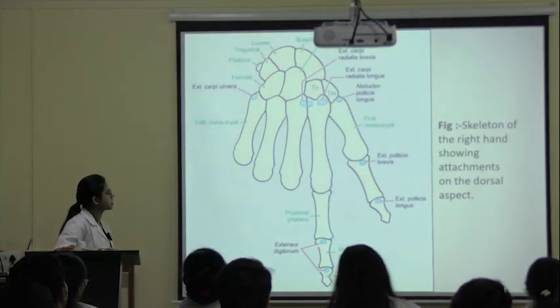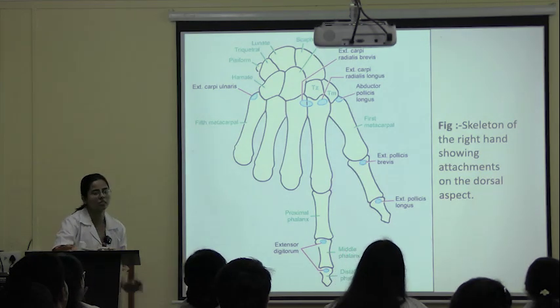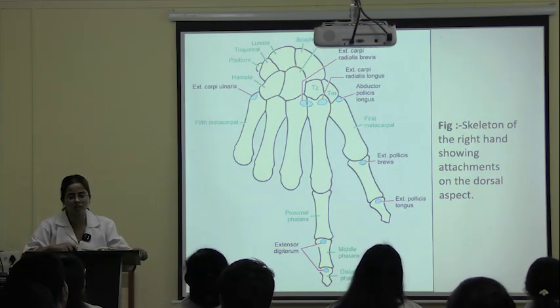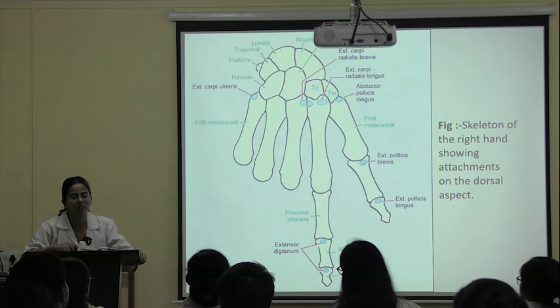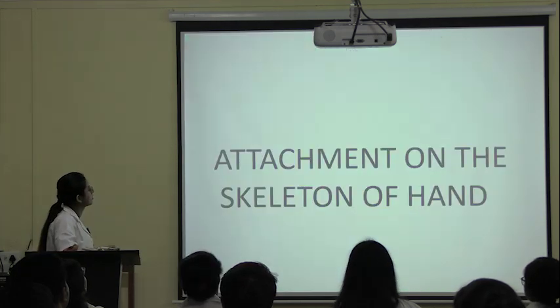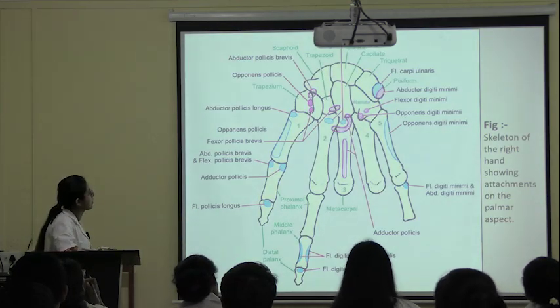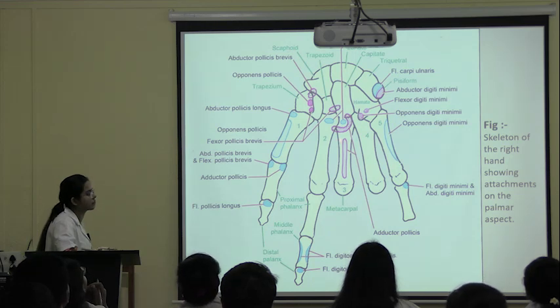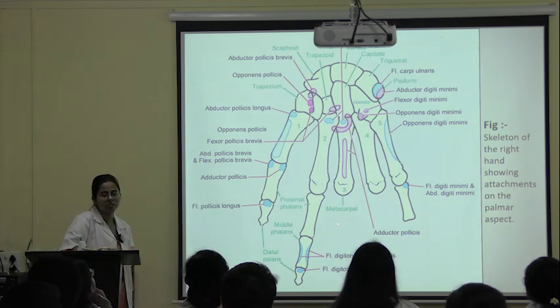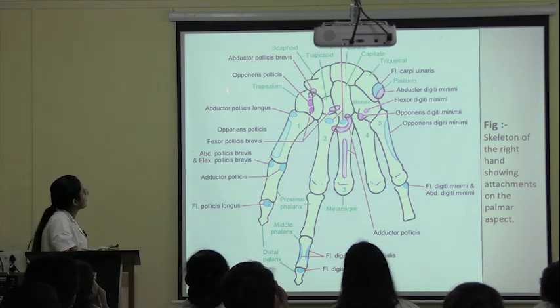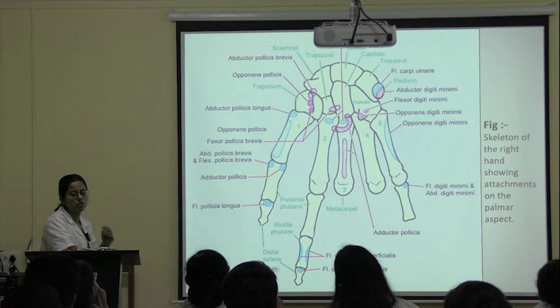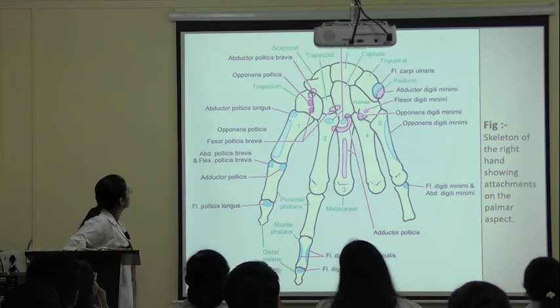Now various muscles were taught while radius and ulna were taught, and their insertion was there in the bones of the hand. Do you remember? Can you tell what the pink color represents? Origin. And what is insertion? There are various muscles taught to you in the case of radius and ulna which are inserted here.